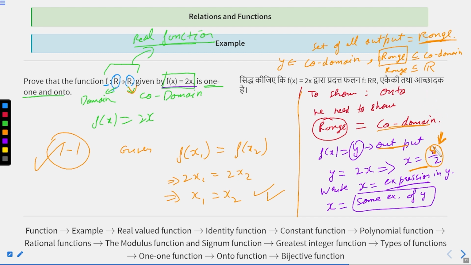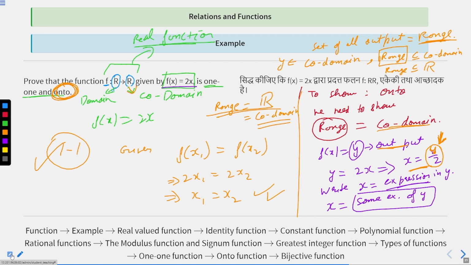So this means y can take all real numbers. The collection of all y's means range. Range is what, my R, and R is what, my codomain. So what does this mean? This means that it is onto. Okay, I hope that it is clear.